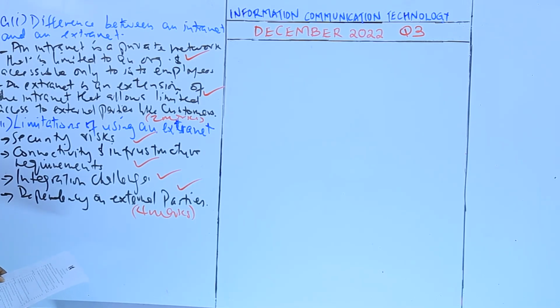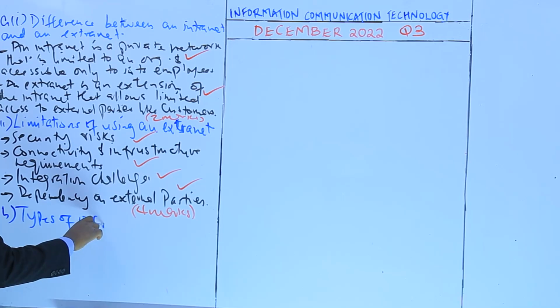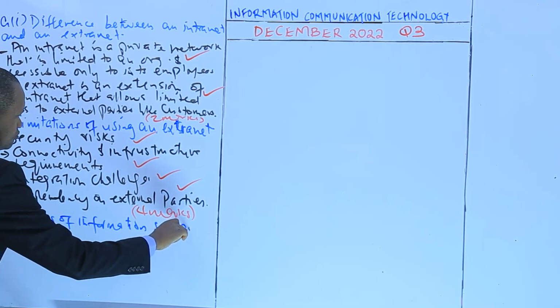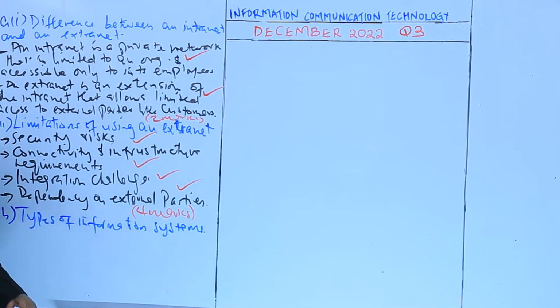Moving on to part B, organizations use different types of information systems. Required Roman 1, list 3 types of information systems used by management. Types of information systems that are used by organizations.